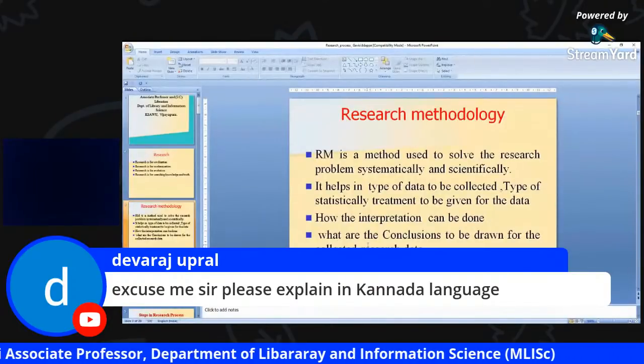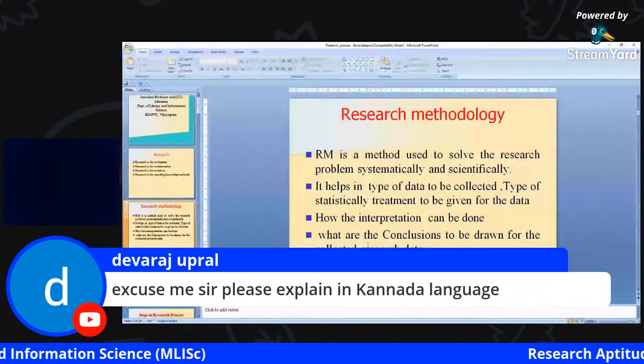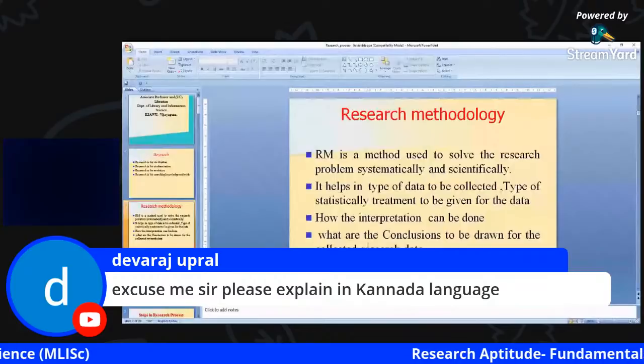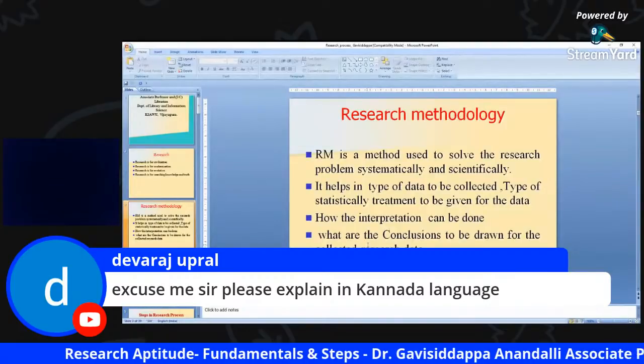We can do a lot of interpretation based on the outcome of the result, and also draw the conclusion according to the data collected. Therefore, research methodology is a method and tool.